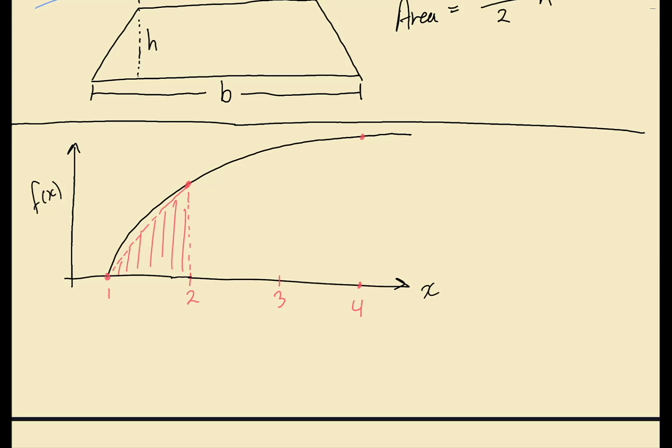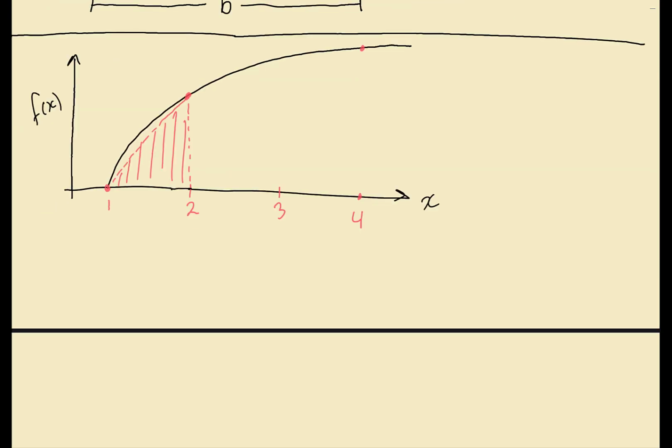All right? So the integral from 1 to 4 of f of x dx is equal to (a1 plus b1) divided by 2 times h1.